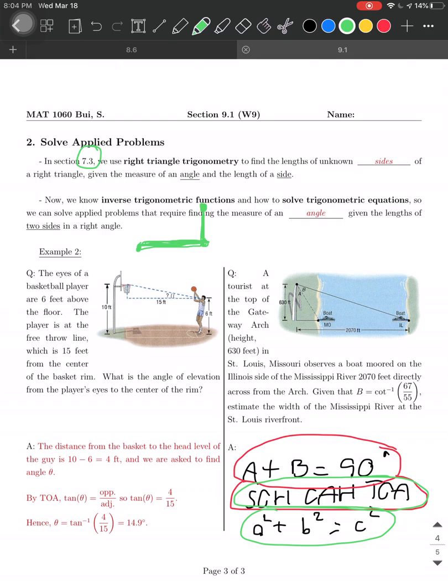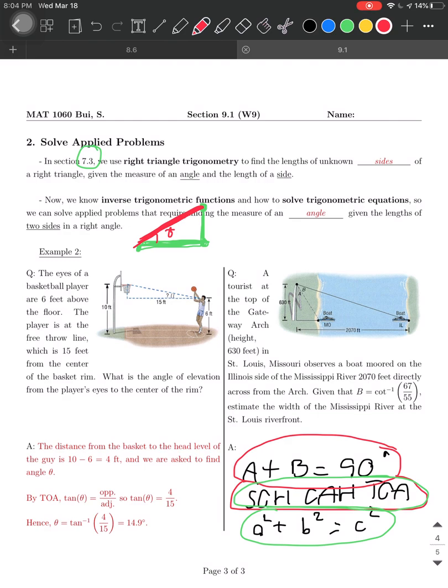Then we have to measure the angle to build a bridge, this red bridge. So we're looking for an angle from the land all the way to the top of the cliff, so that we can build a bridge between the land and the top of the mountain for transportation, something like that.